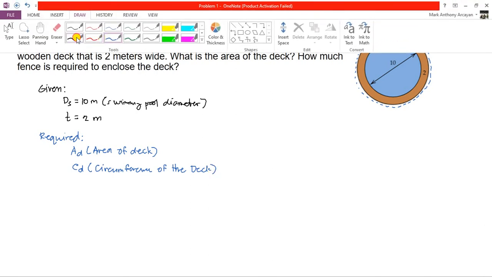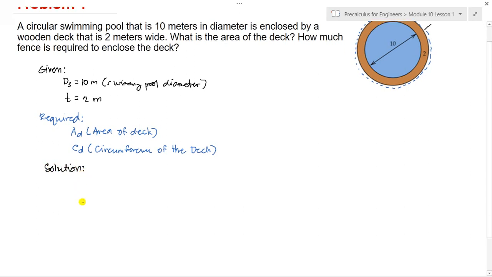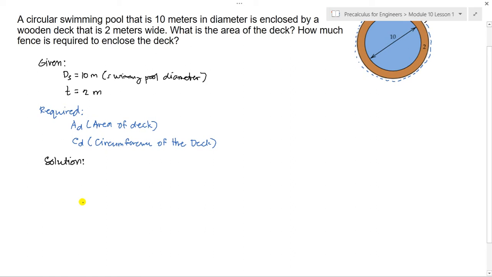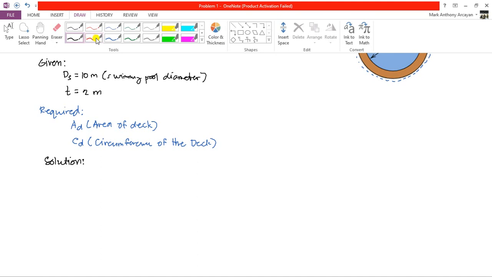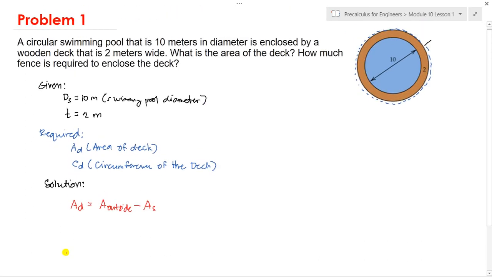Okay, so solution. So solution here, atong una is the area of the deck. Actually, ang pag-solve sa area of the deck, that is just, so area of the deck is just equal to the area of the outside circle minus the area of the swimming pool. Okay?